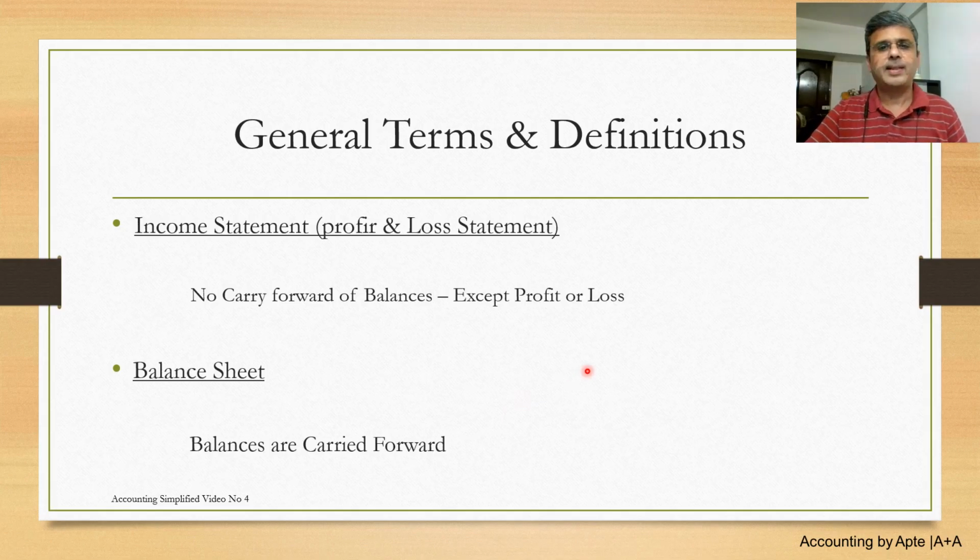Once the trial balance is ready, then next in the pipeline is income statement, also popularly known as profit and loss statement, and then balance sheet. In income statement, on one side, as the name suggests, we show all incomes, and on the other side, we show all the expenses. Expenses would be anything, cost of sales, other cost of sales, other expenses, and on the income side, we mainly show sales and certain other incomes.